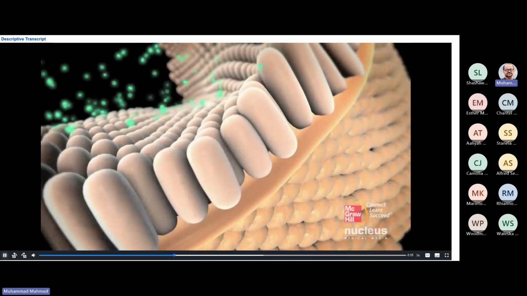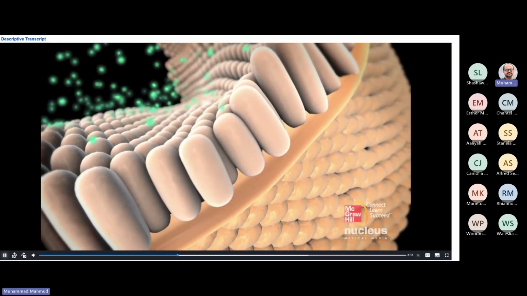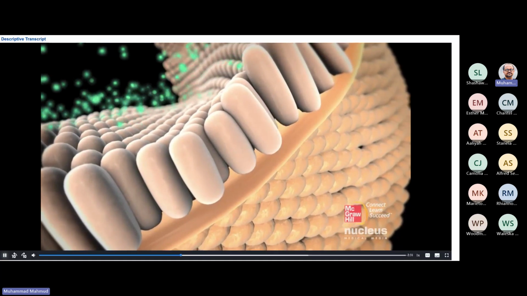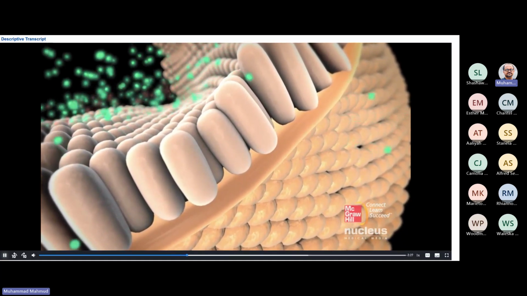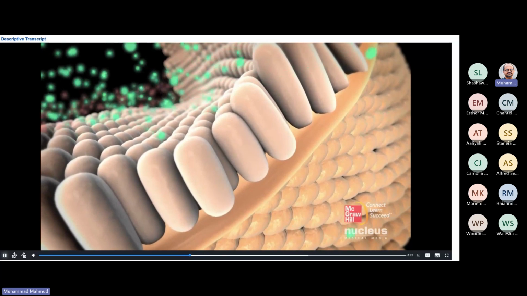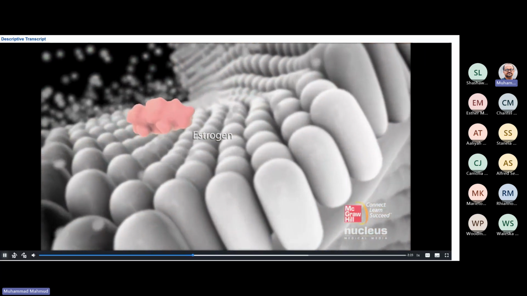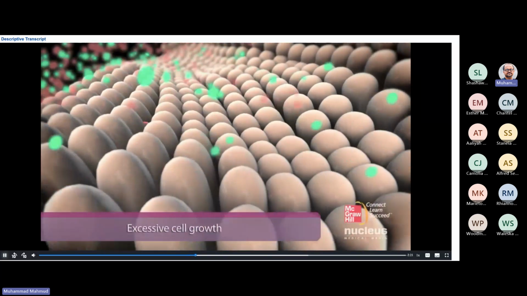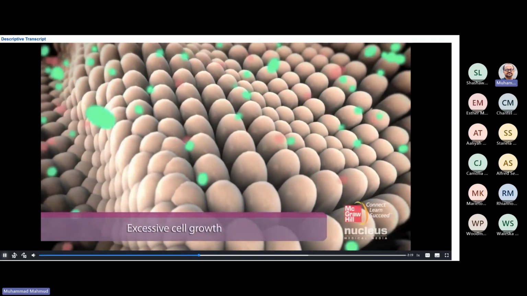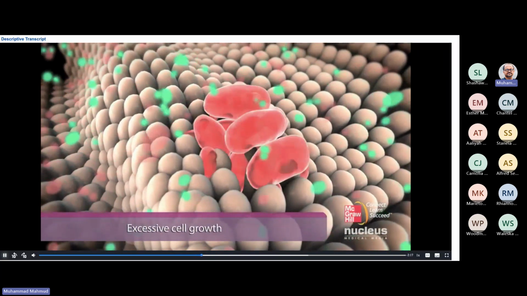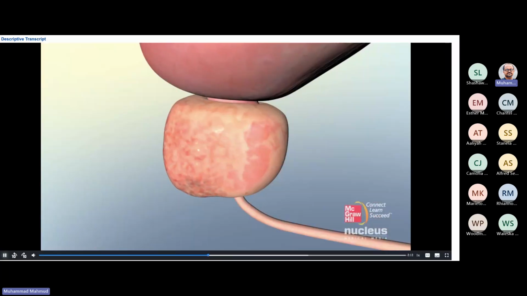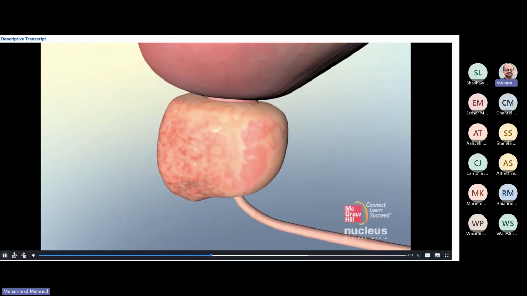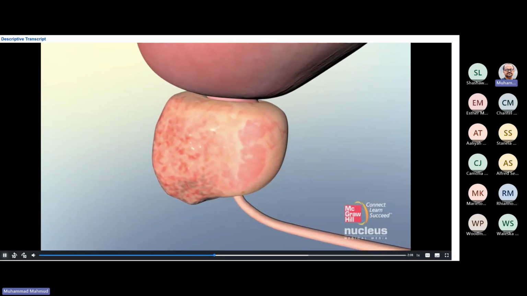As men age, dihydrotestosterone can accumulate among prostate cells. In addition, circulating testosterone levels fall and estrogen levels rise. These hormonal changes may lead to excessive prostatic cell growth, characteristic of benign prostatic hyperplasia and prostate cancer.